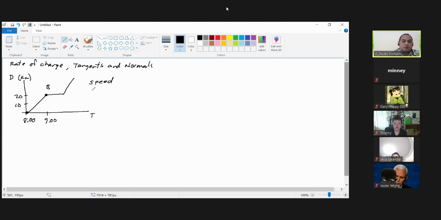Speed is found using distance, rate, time, DRT. Distance equals rate times time. This is your basic formula from SMP1, and we are looking for the rate or the speed. Speed is equivalent to rate, so this is equal to 20 kilometers per hour.